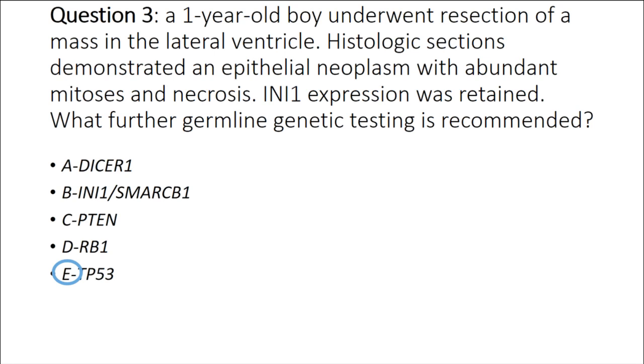Remember that on very rare occasions, you can have other alterations in other proteins of this complex that may be associated, like SMARCA4, I believe. But most of the time it's INI1 in the brain. PTEN, you have Cowden syndrome. RB1, you can have, of course, retinoblastoma. This is part of the retinoblastoma predisposition syndrome, but you can also have pineoblastomas and occasionally embryonal tumors of the suprasellar region.